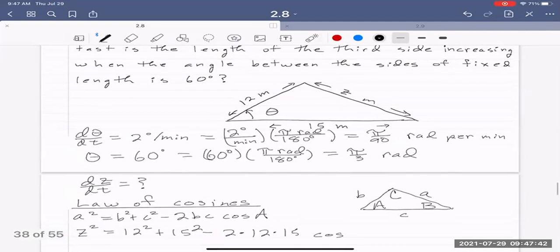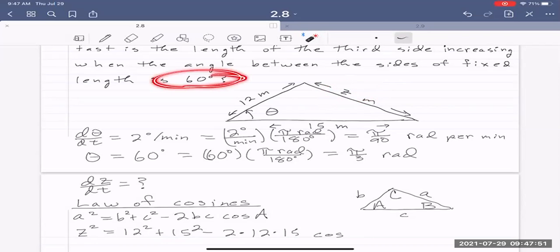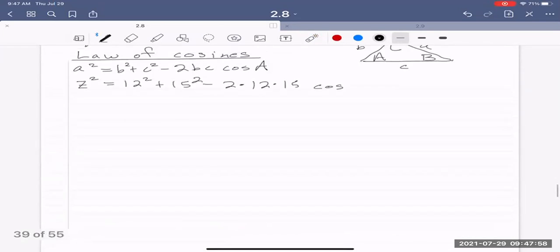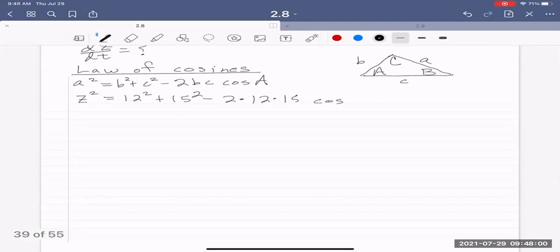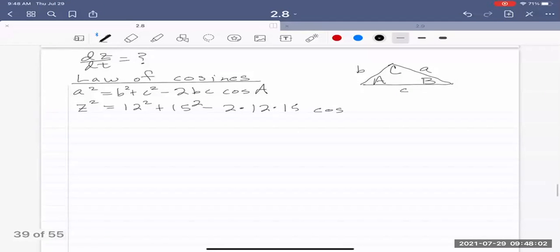I want to figure out what this length is at this particular time. But let's leave it at theta for a second, because everything's constant here except for z and theta.